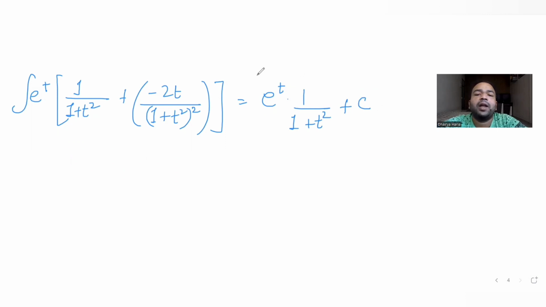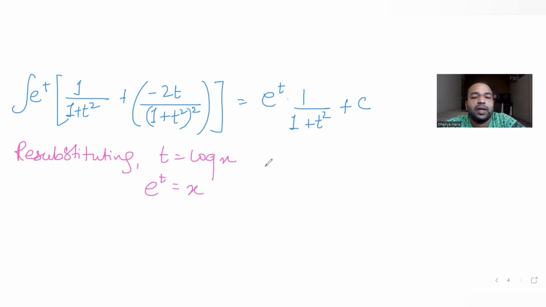Now if I again resubstitute, because we need our answers in terms of x, we do not need it in terms of t. So we substitute t as log x, and when we resubstitute t as log x, e raised to t becomes x.